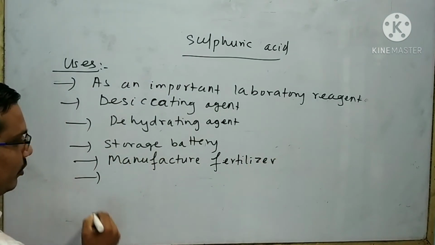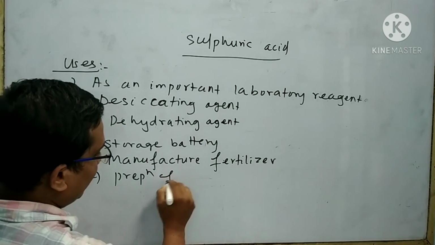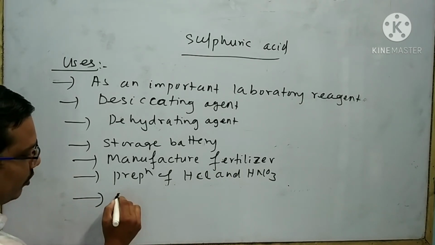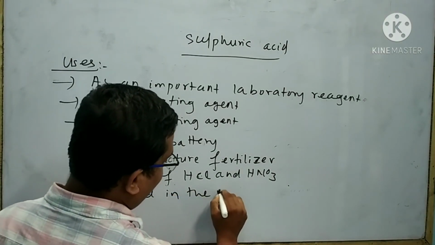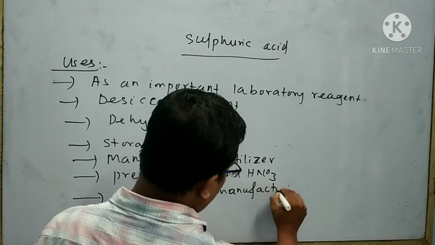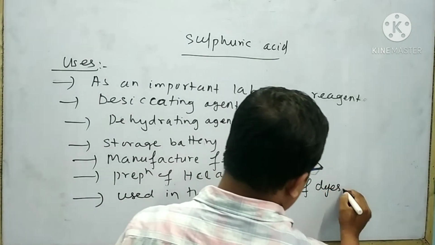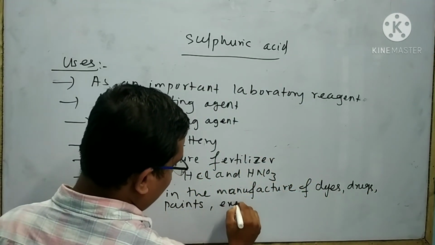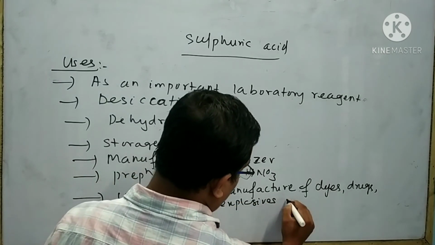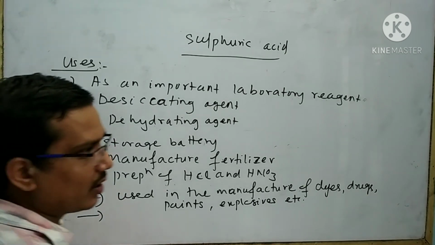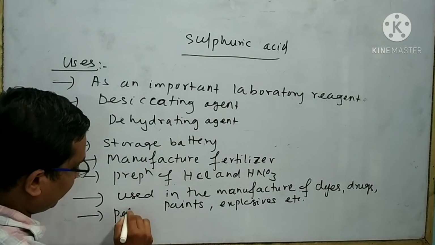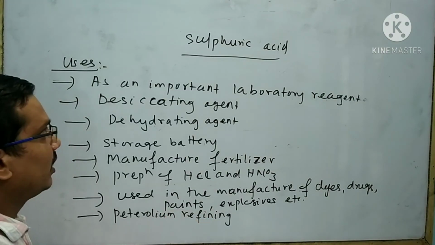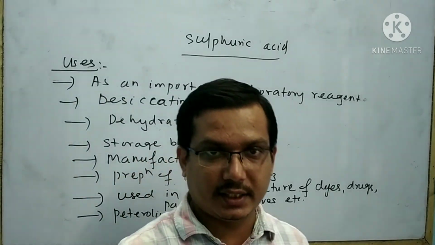It is also used in the preparation of HCl and HNO3. It is also used in the manufacture of dyes, drugs, paints, explosives, etc. It is also used in petroleum refining. These are the uses of sulfuric acid.